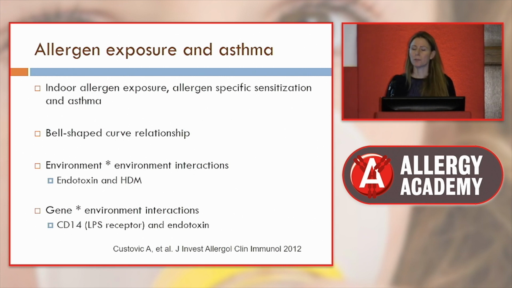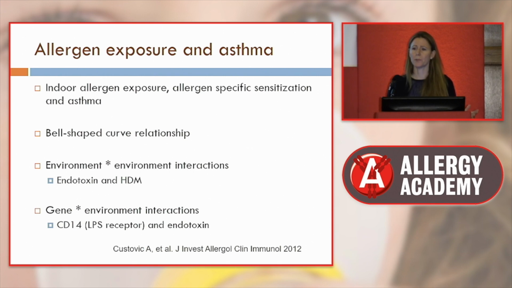Finally, there are also lots of individual aspects with regards to the person. So if you have one type of genotype, you may respond very well to a certain intervention, whereas if you have another type of genotype, you won't respond well. And this is called the gene-environment interaction.